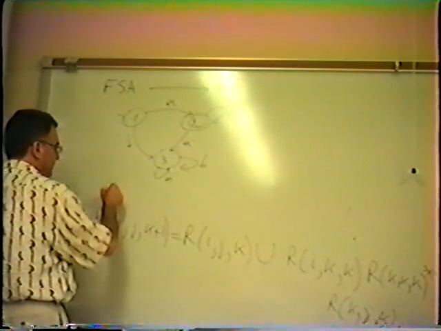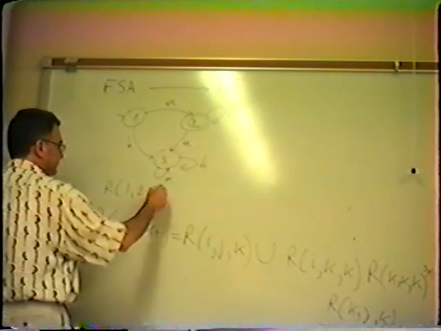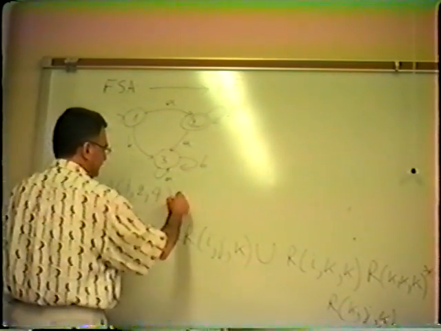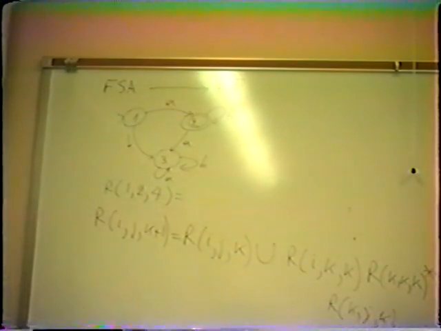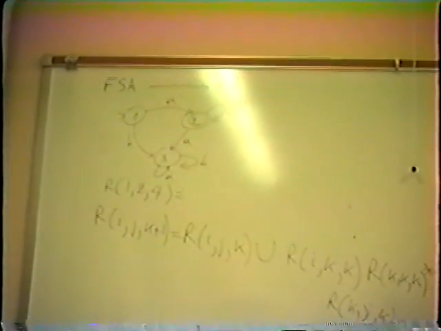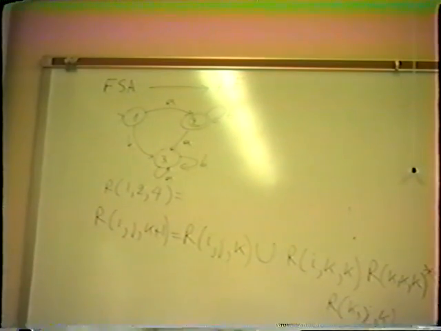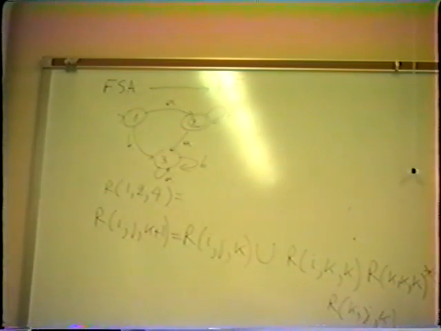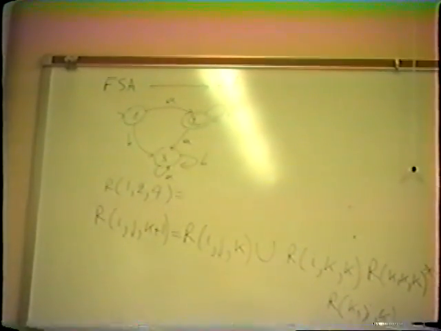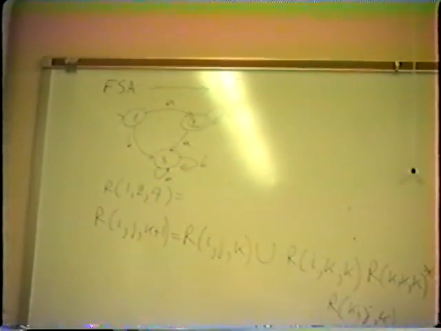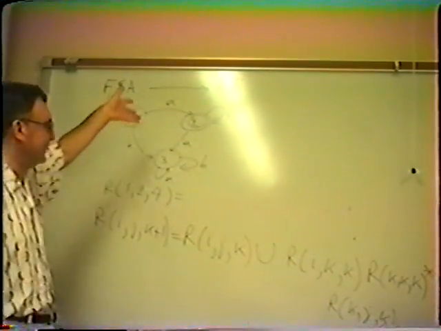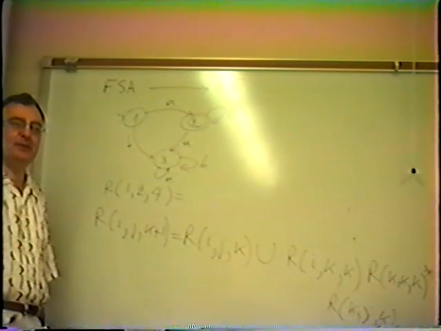I'm going to write down R, 1, 2, 4. What is that, based on the definition? R 1, 2, 4 will be all the strings that will take you from 1 to 2 without going through 4 or higher. Well, there is nothing for 4, so they can go through anything they want. So if the third coordinate is the number of states plus 1, there is no restriction on the strings. So R 1, 2 are all the strings that will get you to 2, which happens to be a final state.